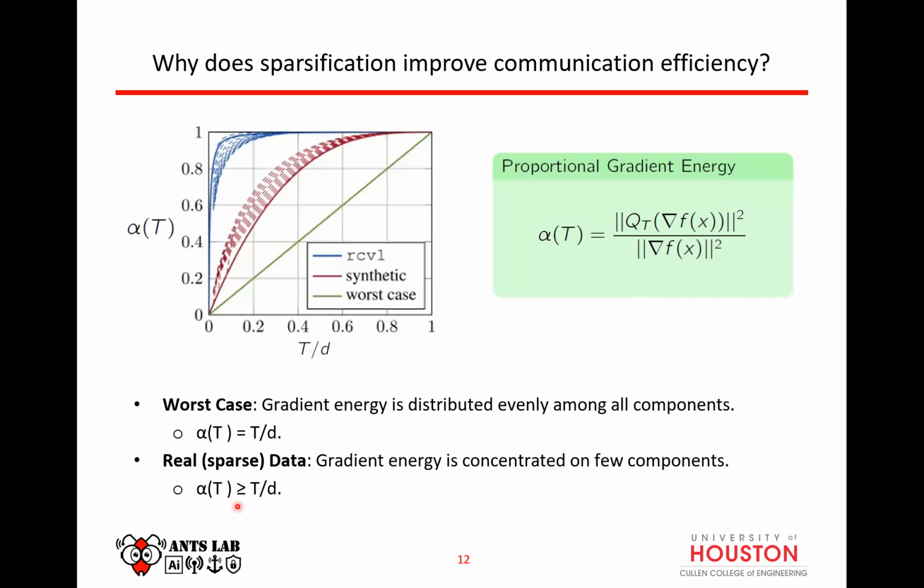In the following slides, they further define the importance of this alpha_T. To give a small picture of how important this metric is, using it, it is very easy to see how much communication savings I can make by performing compression.